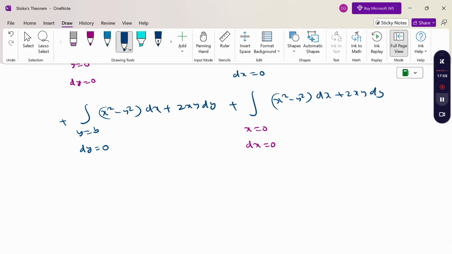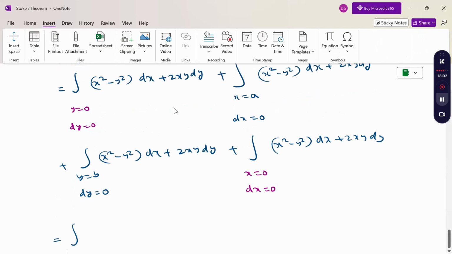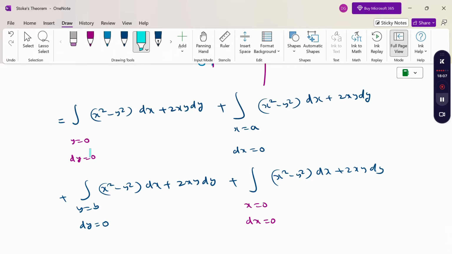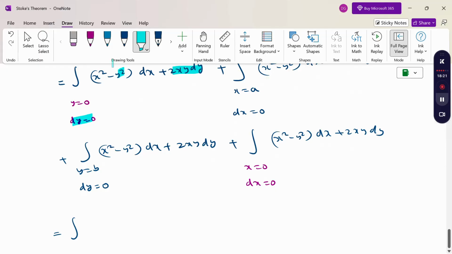Therefore, substitute these values in the first line. dy is 0, which means the whole term with dy is 0, and y is 0 means this term is 0. Now what is the term? The integral of x square dx, because the other values are 0. Now this is the x range.